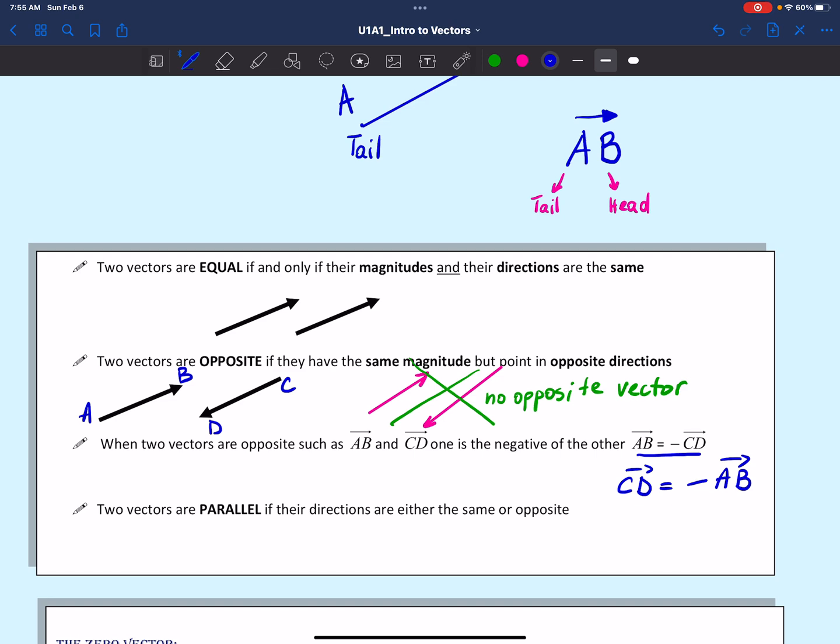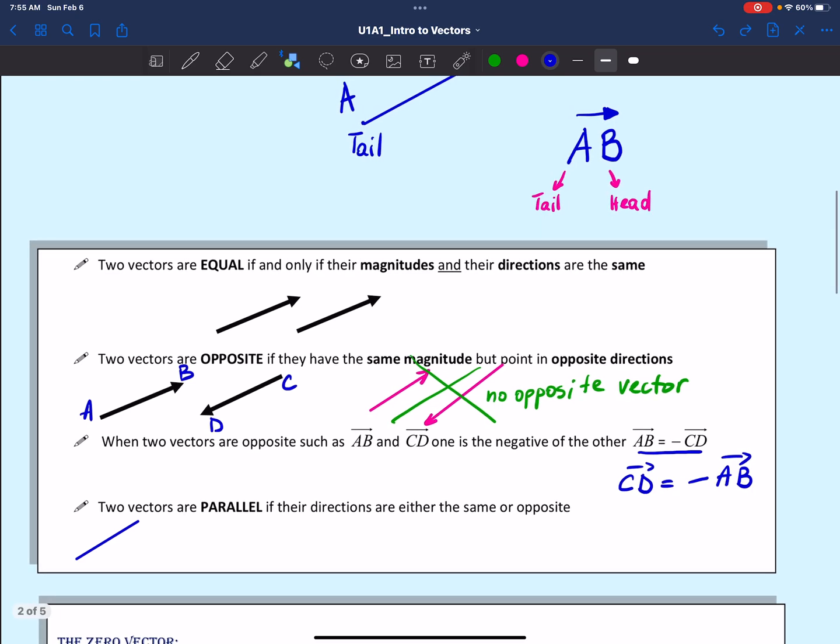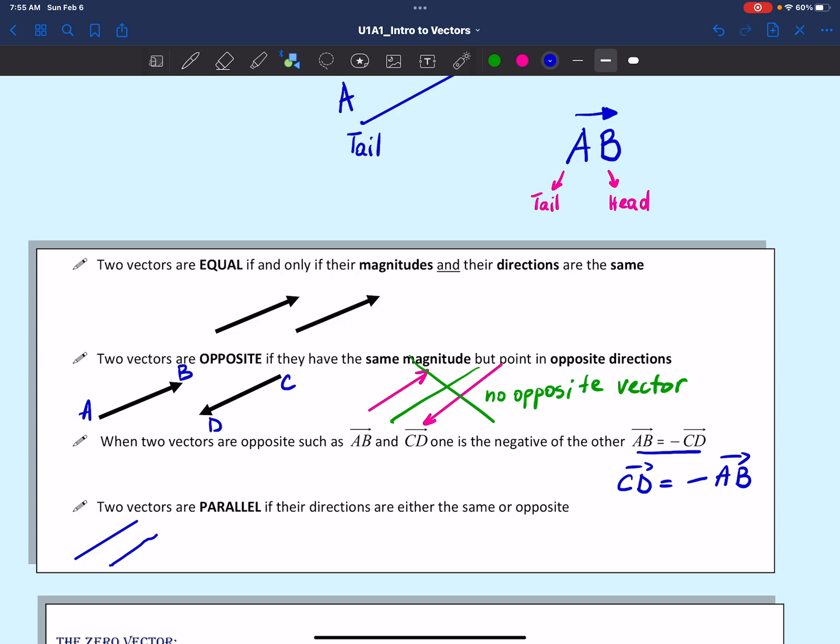Now, two vectors are parallel if their directions are either same or opposite. So here are some examples. Here is one and here is another. So these two are parallel vectors. They're going the same direction. Magnitudes are different. They're still parallel. Here we have another set of vectors.